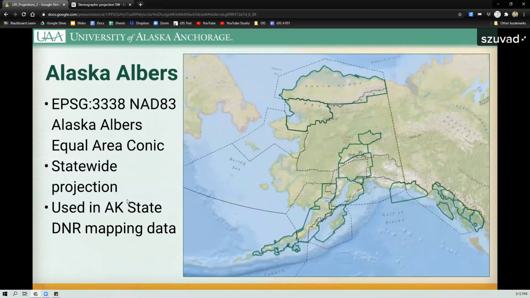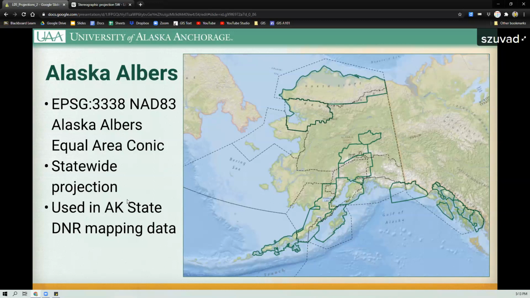All right, so the Alaska Albers system is another coordinate system that's used really heavily, obviously in Alaska. And it's especially used by GIS applications for the entire state. So this is what DNR uses for all of their mapping. This is what I tend to use in my mapping template because a lot of the data that comes to me is in a 3338 NAD 83 Alaska Albers system.